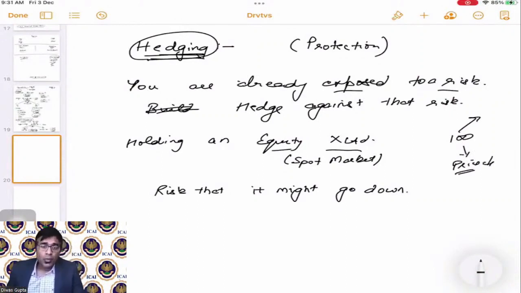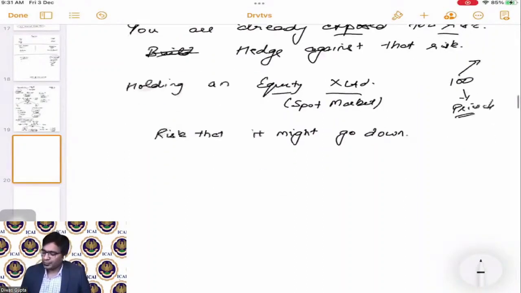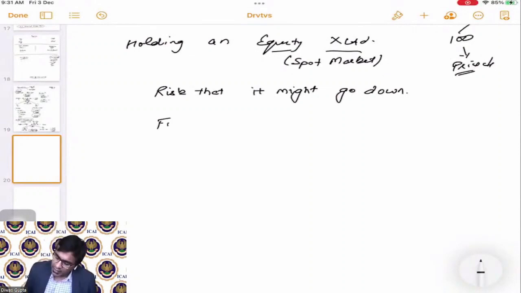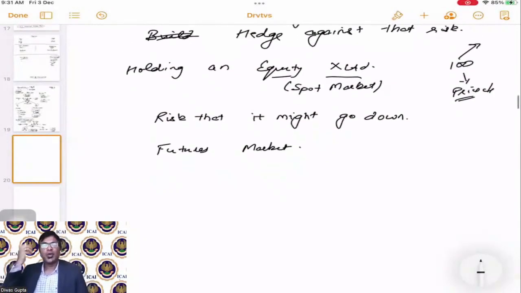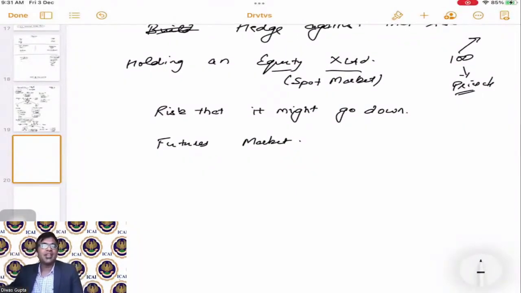How can you protect yourself from the price going down? Can you make use of futures market? Yes, we can make use of futures market. One way to protect yourself from the risk is that somebody might think, let's sell this equity share. We are holding an equity share, there is a risk of downside, we sell this, the risk is lost.